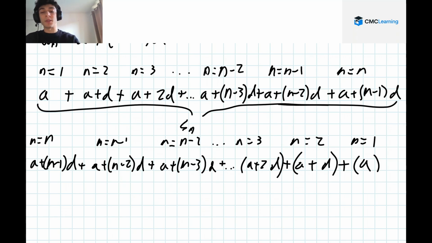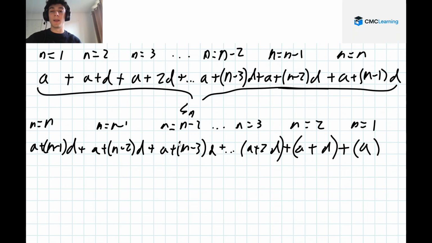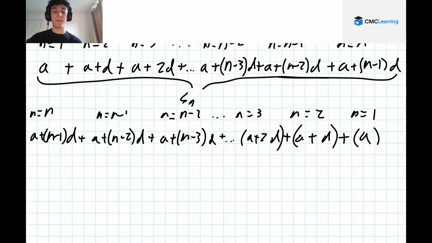What we're going to do is add that to the last term in our sum. This does make a little bit more sense when you consider 2 separate sums. If I'm adding the first term and the last term of these 2 identical sums S of n, I'm going to be left with 2 of S of n.